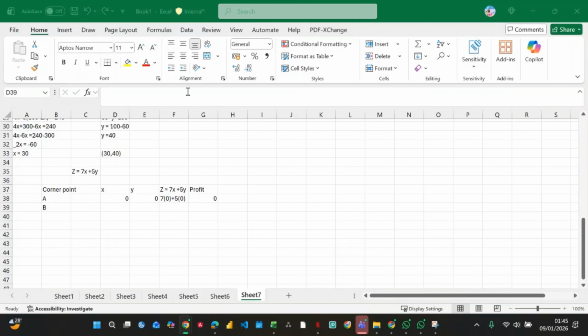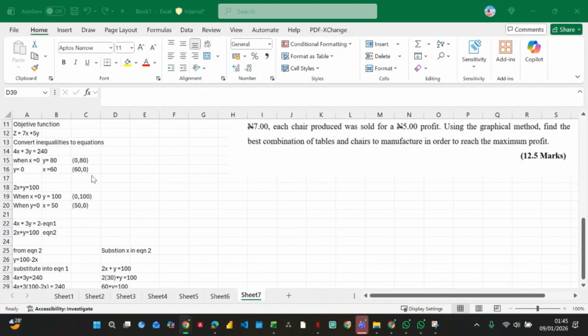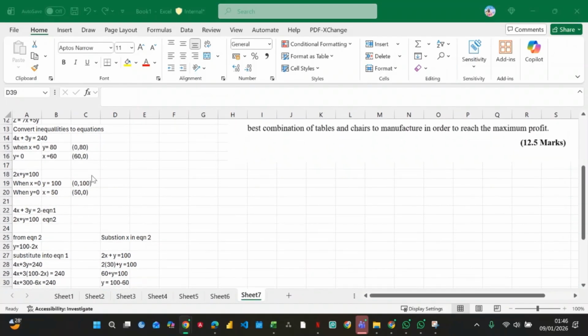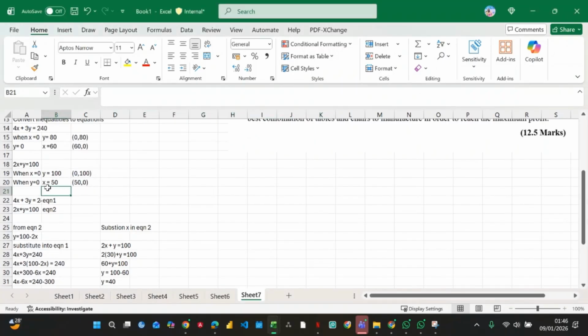If you look at this one now, when we solve, that is when x is equal to, in this equation, when y is equal to 0, y is equal to 50, then we now pick x is equal to 50.